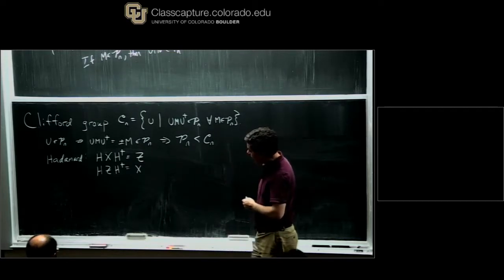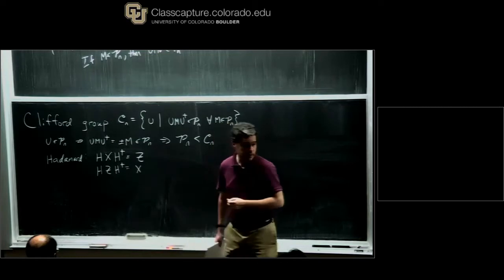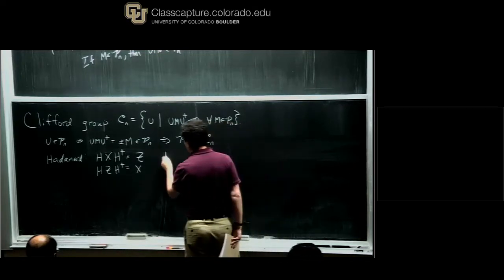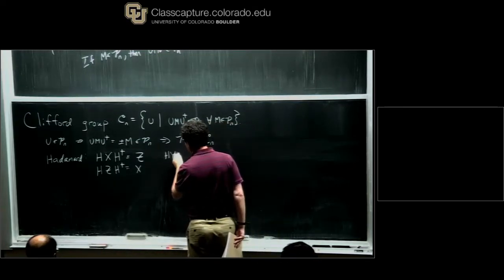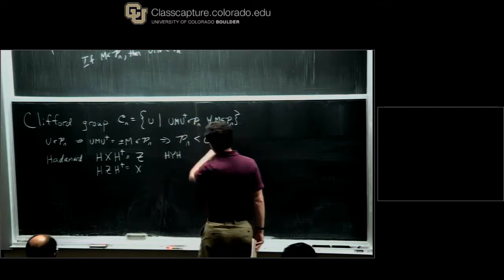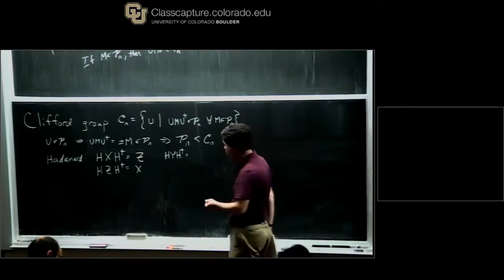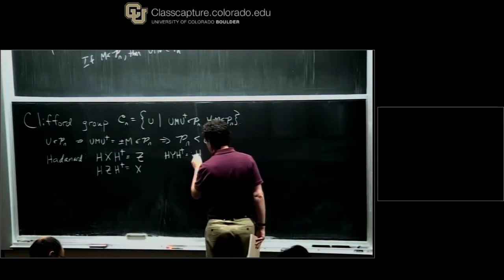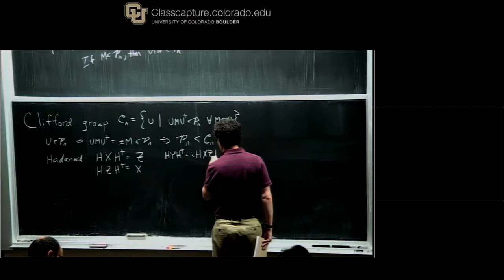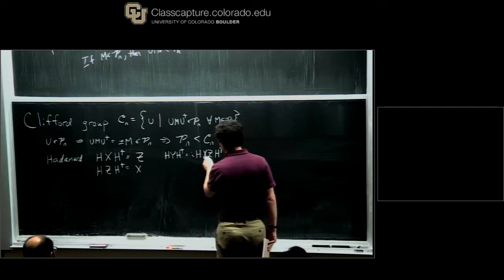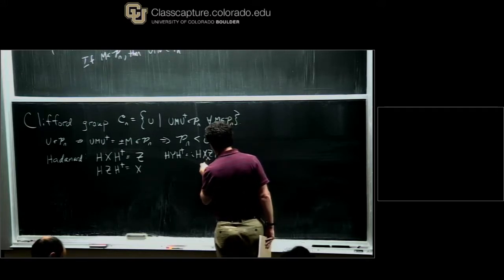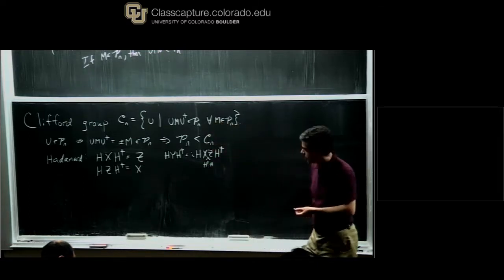Now, actually, it's enough to look at x and z, because if I want to do it for y too, which I have to in order to satisfy this definition, well, I can expand y as i x times z. So this is i h x z h dagger. And then I can insert an h and h dagger here. I guess an h dagger h is what I want. That doesn't really matter since they're the same.